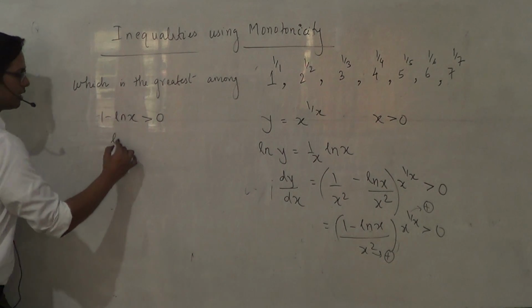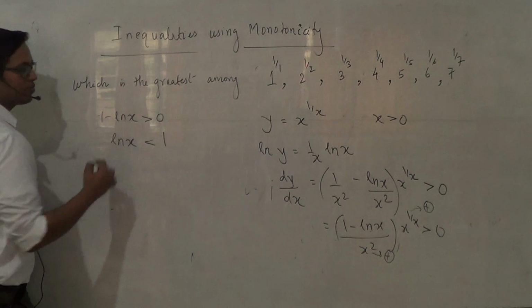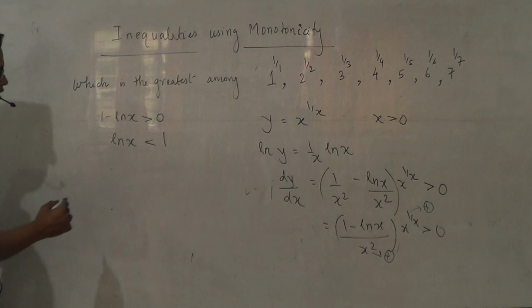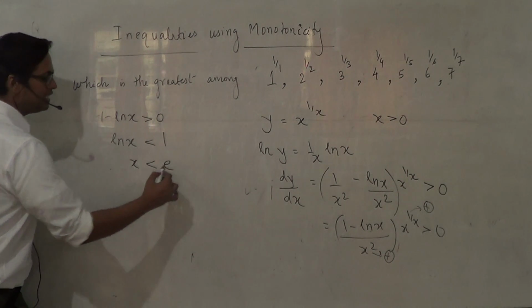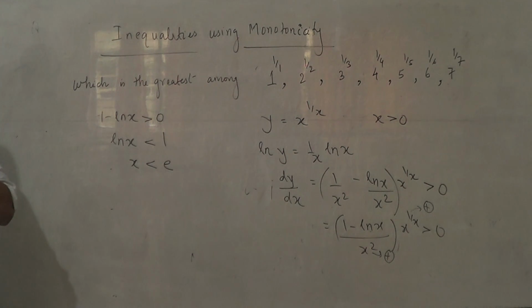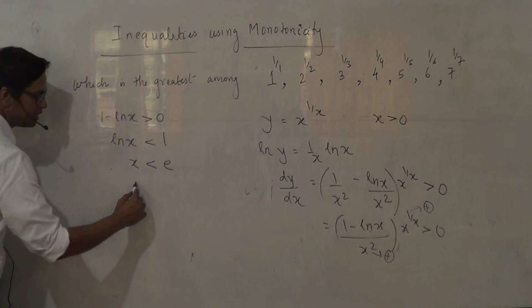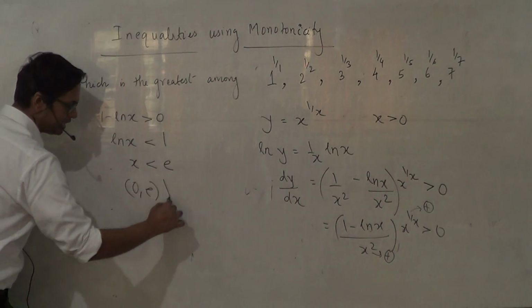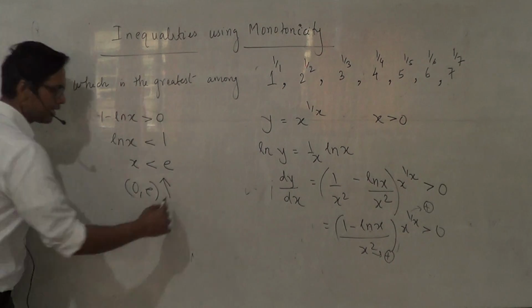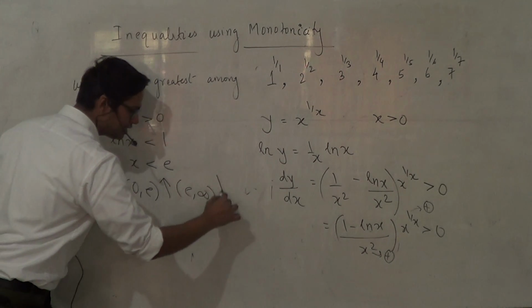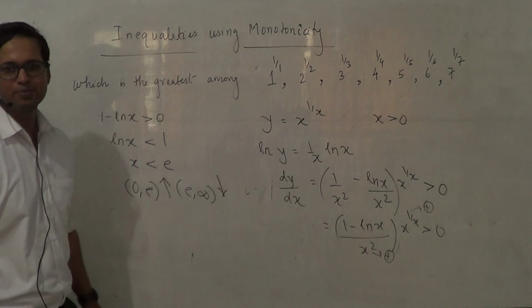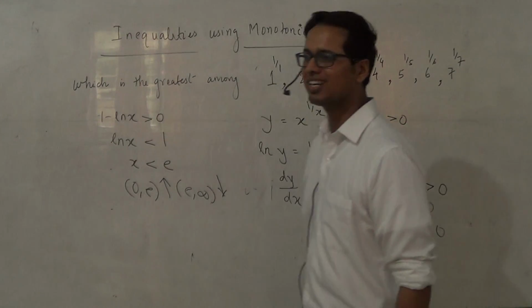That means when ln x is less than 1, that means when x is less than e, your function would be increasing. Correct? So from 0 to e, the function is increasing, and from e onwards the function is decreasing. Correct?